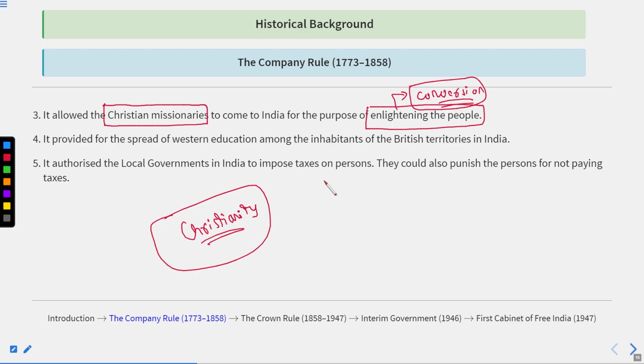Thereafter, it provided for the spread of Western education amongst the inhabitants of the British territories in India.